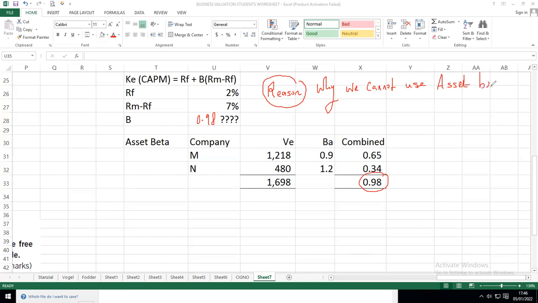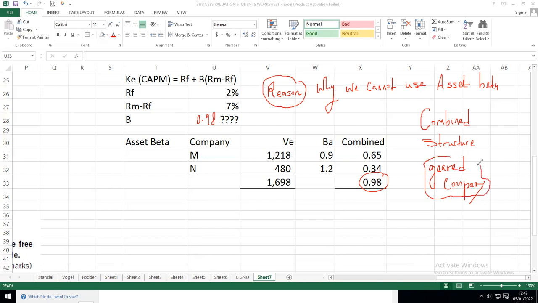Why can't you use the asset beta here? What is the capital structure of the combined company? When the company has been combined, how is the capital structure like? Debt and equity. So what do we call such a company? The geared company. So when a company is geared, can you use the asset beta?